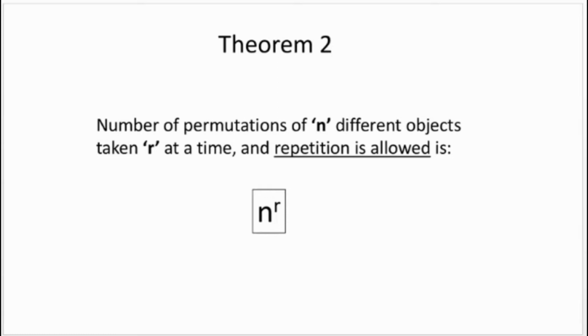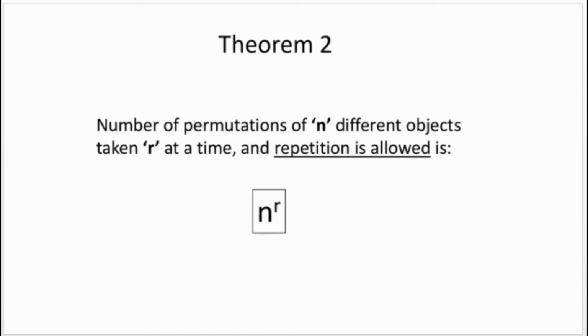Repetition is prohibited, right? Repetition is not allowed. Now, the number of permutations of n different objects taken r at a time, when repetition is allowed.